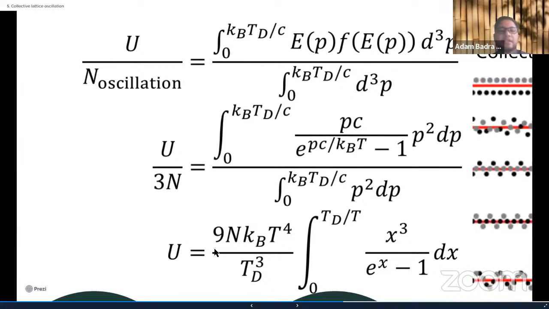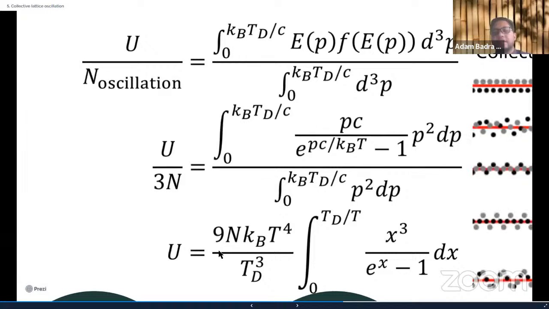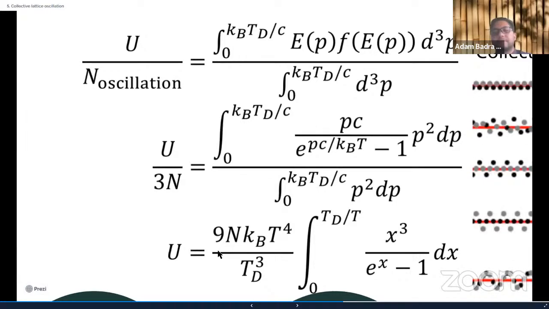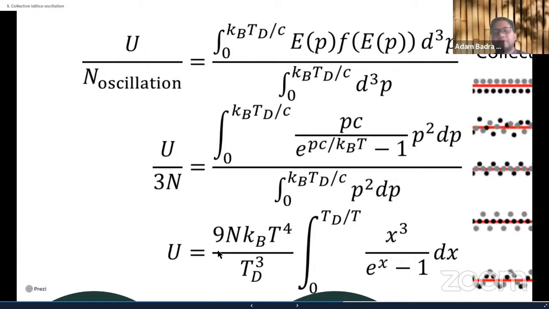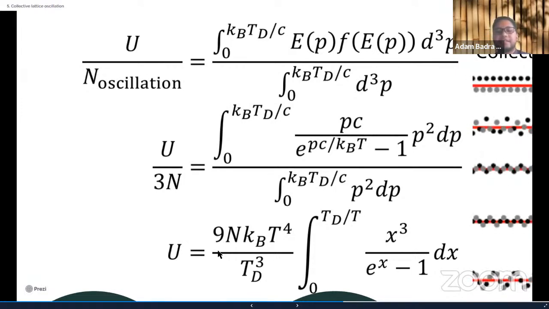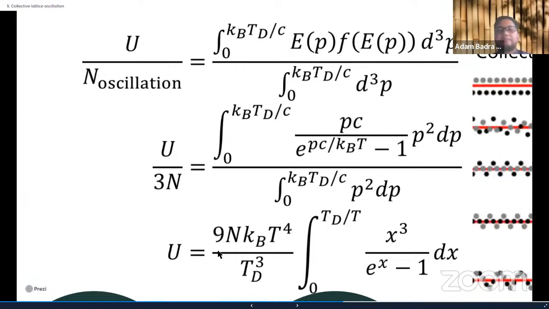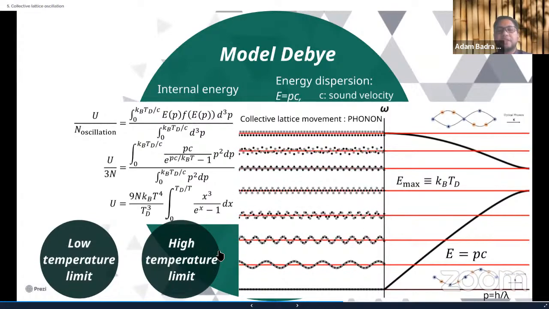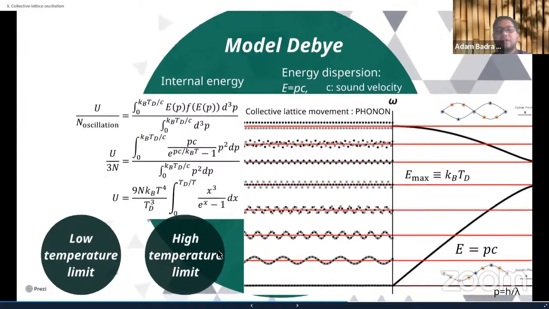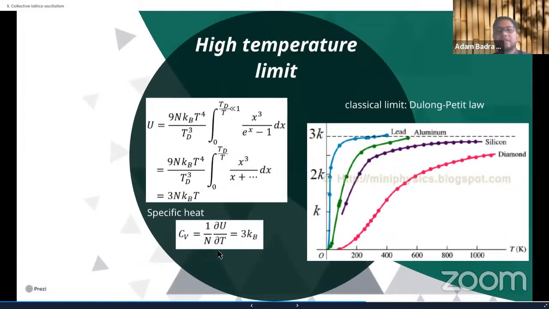We can calculate this integral analytically or numerically, but we can study some limits just to understand a little bit more, without going too deep into the mathematics. For example, for the high temperature limit, can we regain the classical limit?